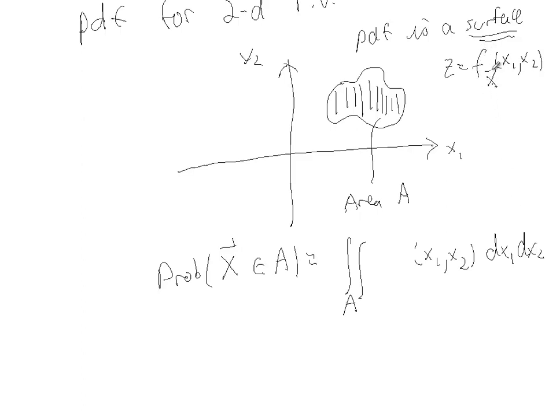So big X vector is my shorthand for his x1, x2. So I'm going to have f of X here. If you keep in mind the two-dimensional picture, you really can understand the picture in general dimensions. You just have a function of n variables, and you're doing a volume integral, or in two dimensions an area integral, to find the probability.